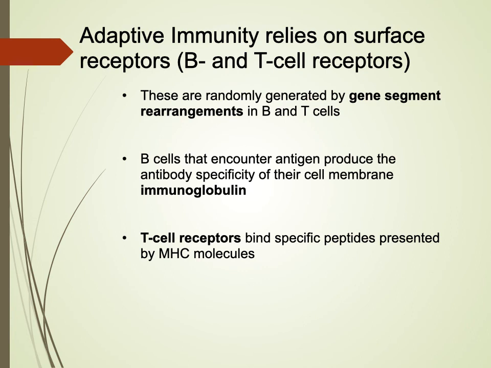Again, we'll talk more about this later in the semester, so if this doesn't make sense, don't worry about it. This is one of those concepts that is covered through multiple chapters in the textbook. With B cells, their receptor can become an antibody, or an immunoglobulin, and that's specific to the antigen.